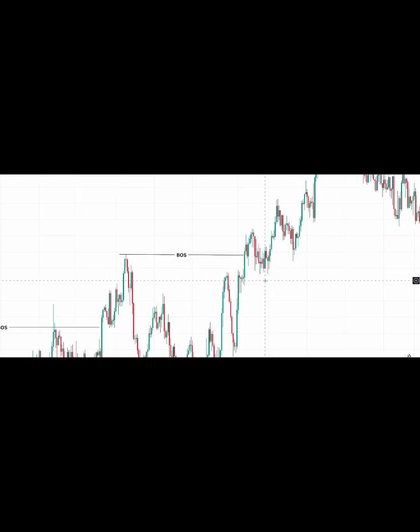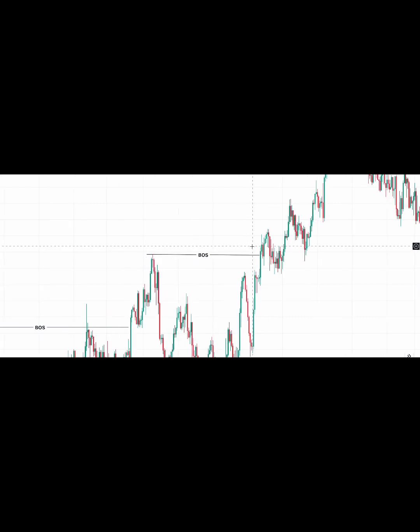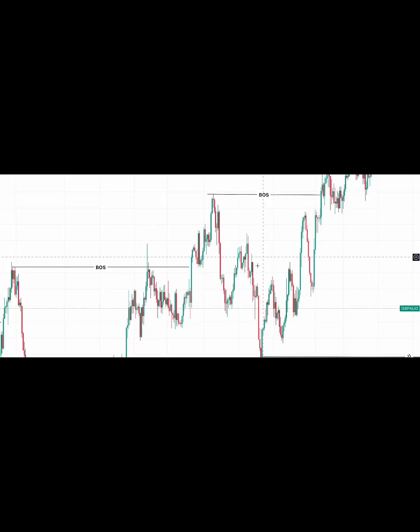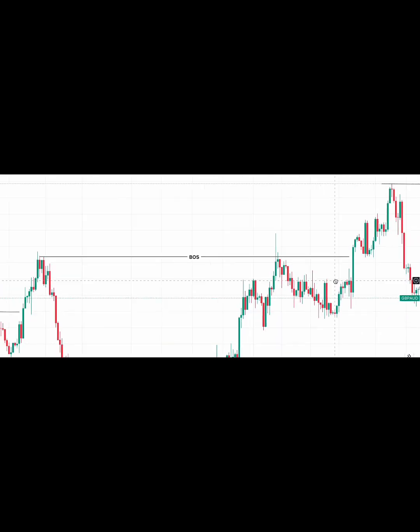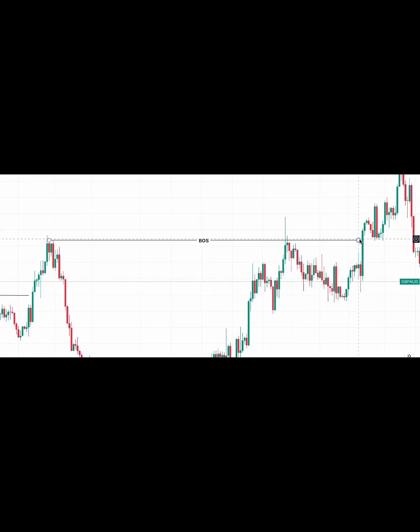Or else, if the candles just leave a wick above, but at the end the price goes back to the range again and closes lower, this is just a liquidity sweep. This is not a valid BOS. As we can see, for example here, this is one of the good examples. Here is a previous swing high.